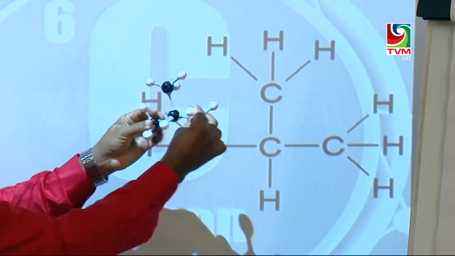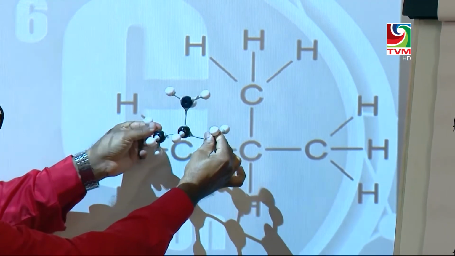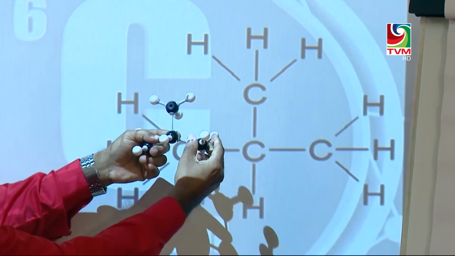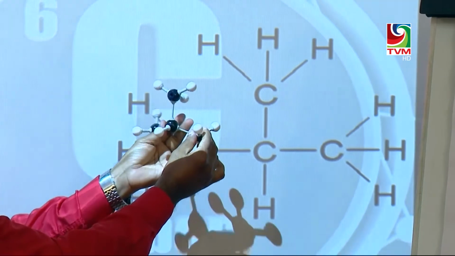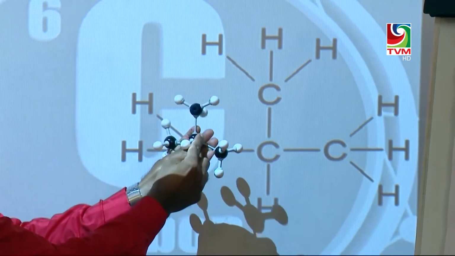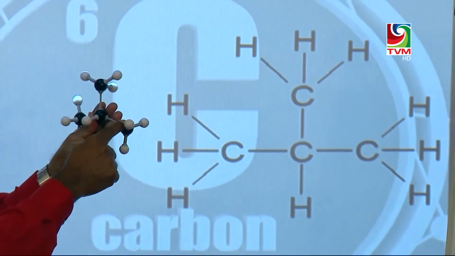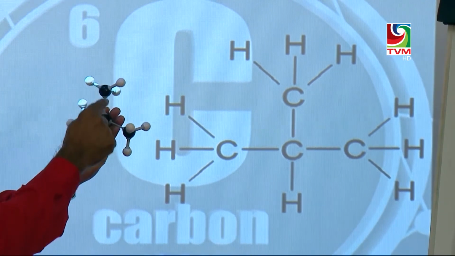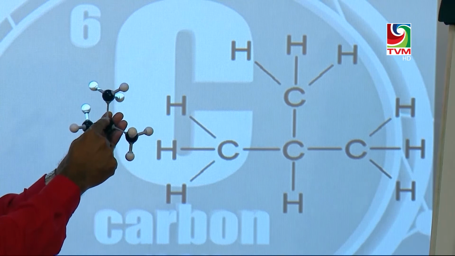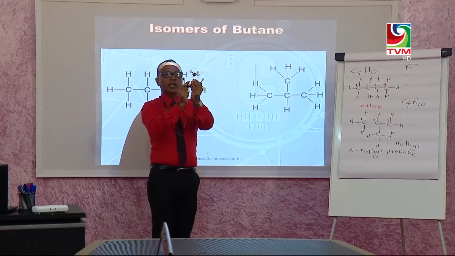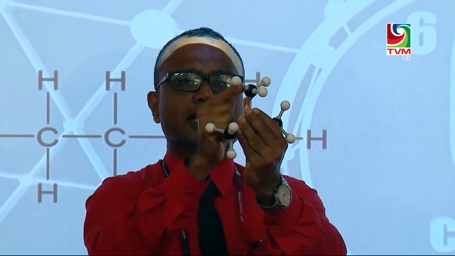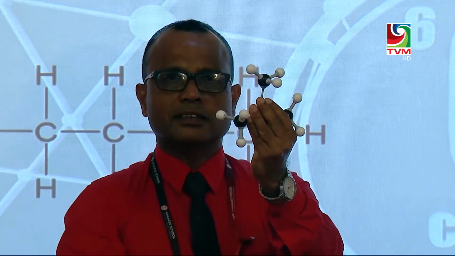If I keep this way, you can see 3 carbon, 1, 2, 3, and the branch is holding on the middle carbon. So the branch is locating on middle carbon. We call carbon number 2 is holding the branch. So, 2-methyl propane.